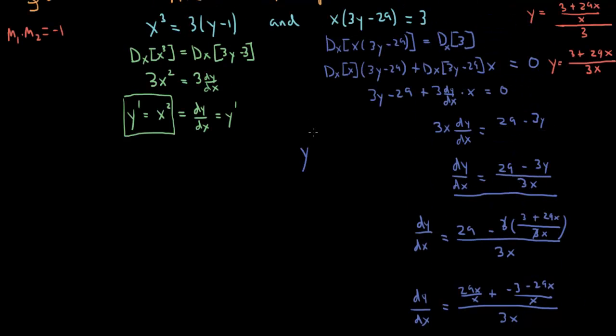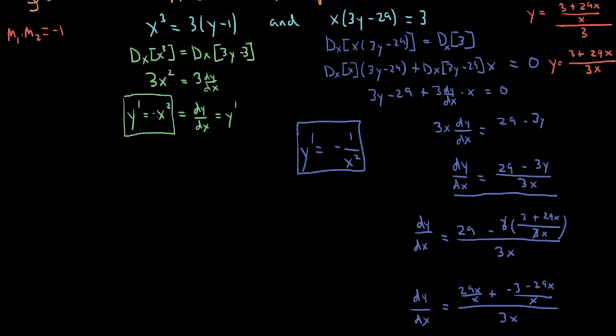So we have y prime equals dy over dx equals negative 1 over x squared. Now we're finally to the point, let's just say y prime, just to be consistent here, y prime equals negative 1 over x squared. So now we are finally to the point where we can compare and talk about this orthogonal business.